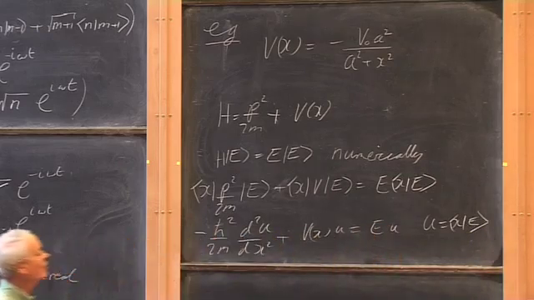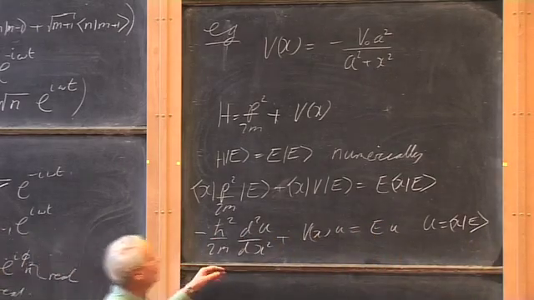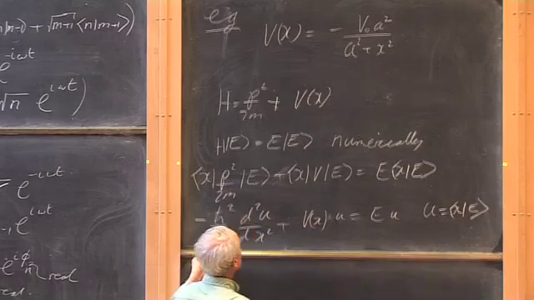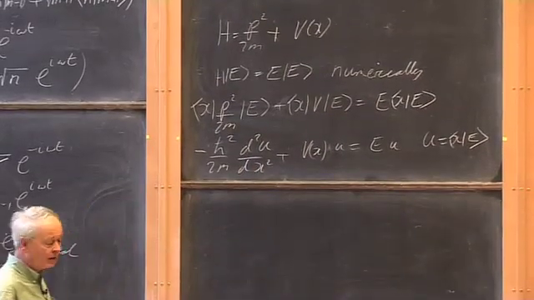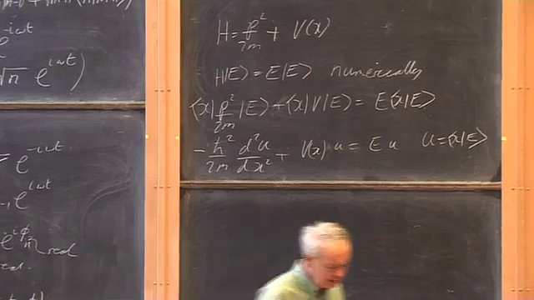So this is an ordinary differential equation, second order, and it's linear, and it's pretty straightforward to solve numerically. If you look in the book, there's a footnote that explains how to do that.